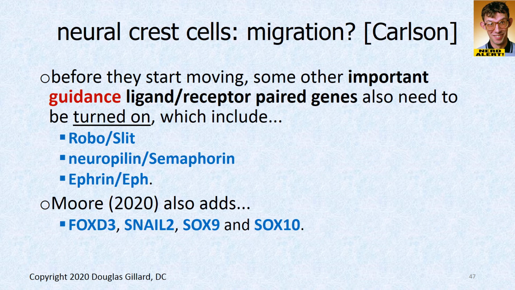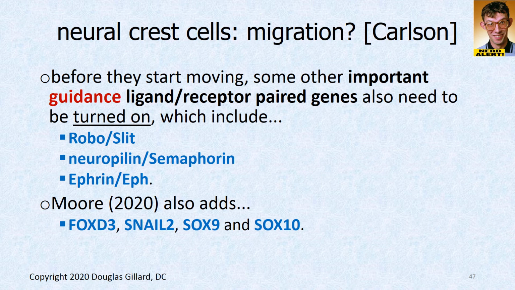It's just a protein, and the ligand is also made by genes. So these genes have to be turned on. Robo-Slit, neuropilin, and semaphorin, and ephrin, and Eph all have to be turned on.